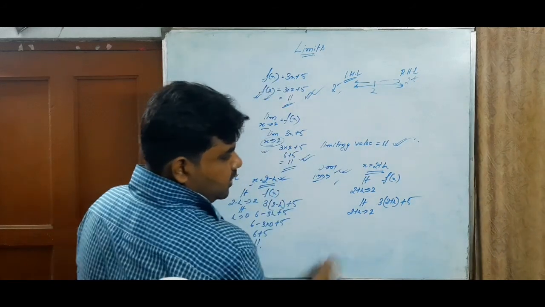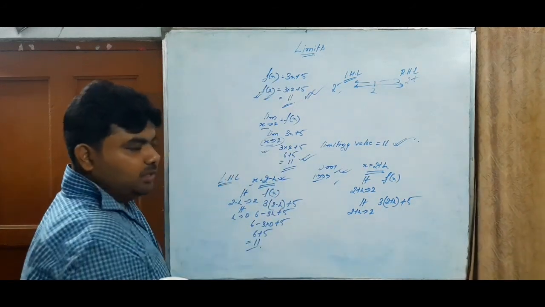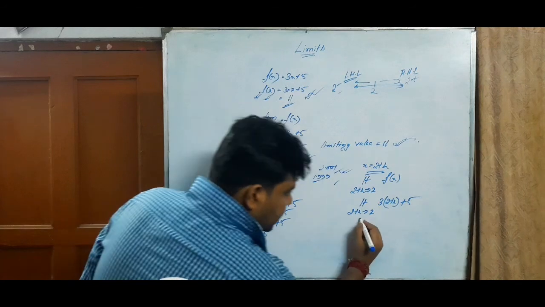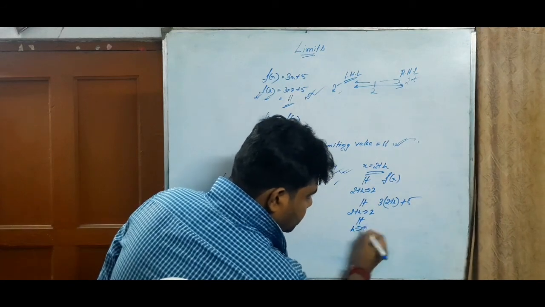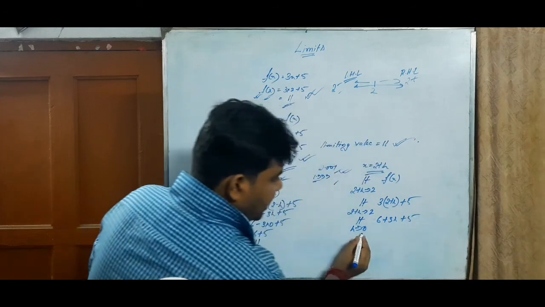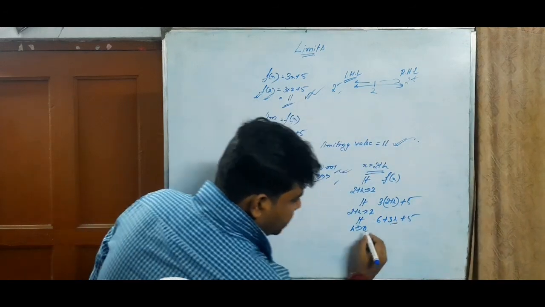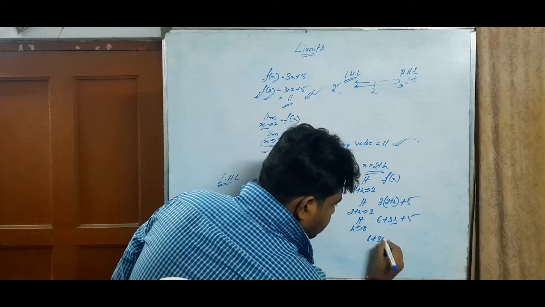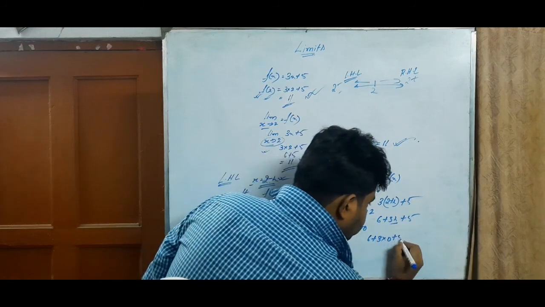Now 2 will cancel out, therefore h tends to 0. Now limit h tends to 0 of 6 plus 3h plus 5. Putting the value of h, that is 6 plus 3 into 0 plus 5.